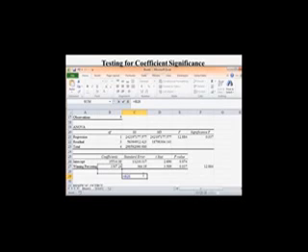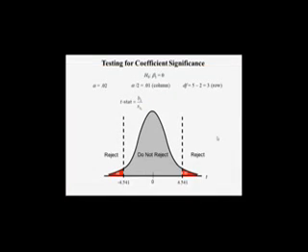If I take this B1, the estimate for beta 1, and divide by B1 standard error, I get a t statistic of 3.589. And since the t-statistic is in the do not reject region, the null is not rejected at 2% significance.